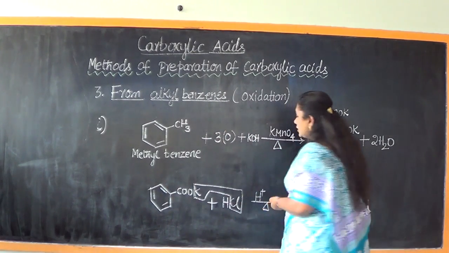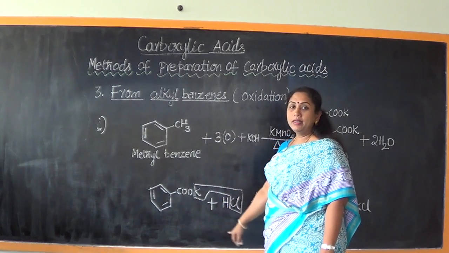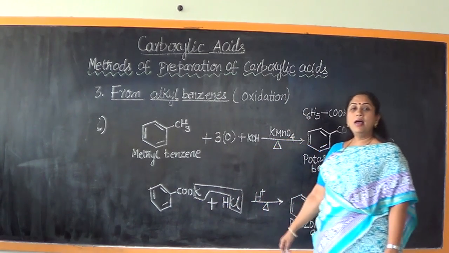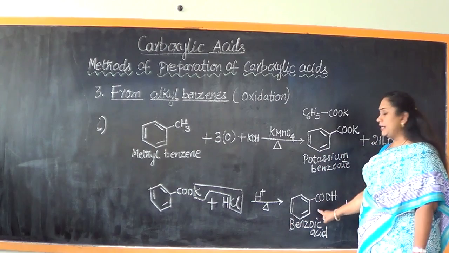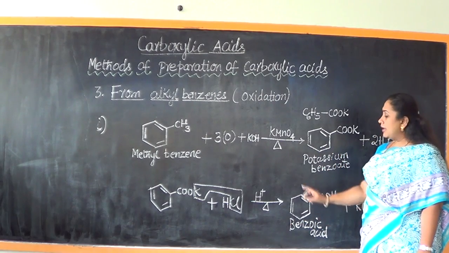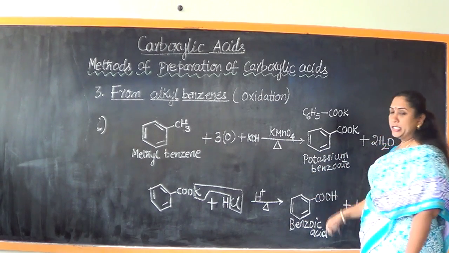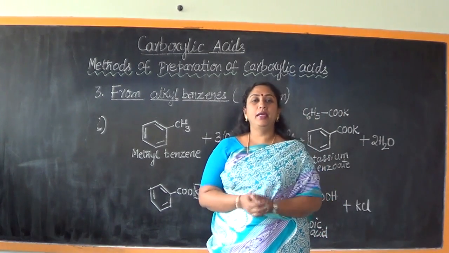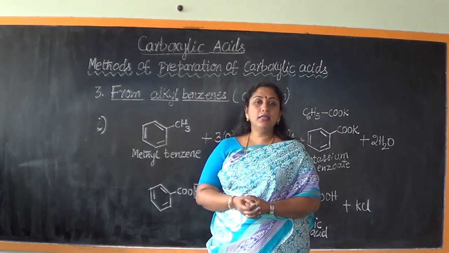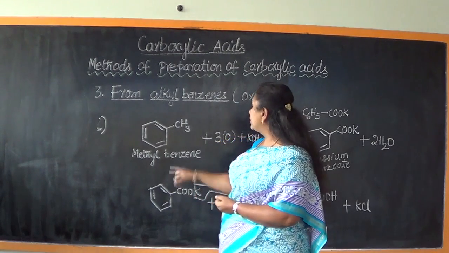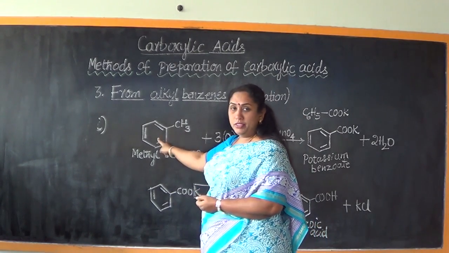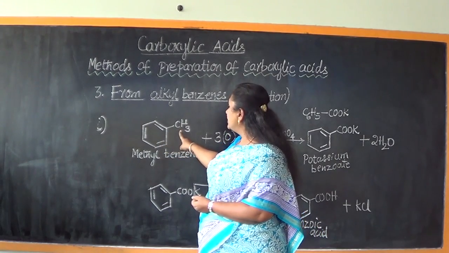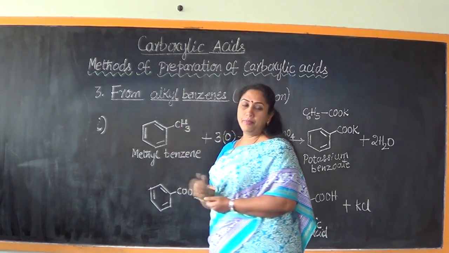Now, the potassium benzoate thus obtained is subjected to the process of acidification to obtain benzoic acid, and this is associated with formation of KCl. So, this is how we obtain a carboxylic acid from a simple side chain of the benzene ring, and this side chain is containing an alkyl group.